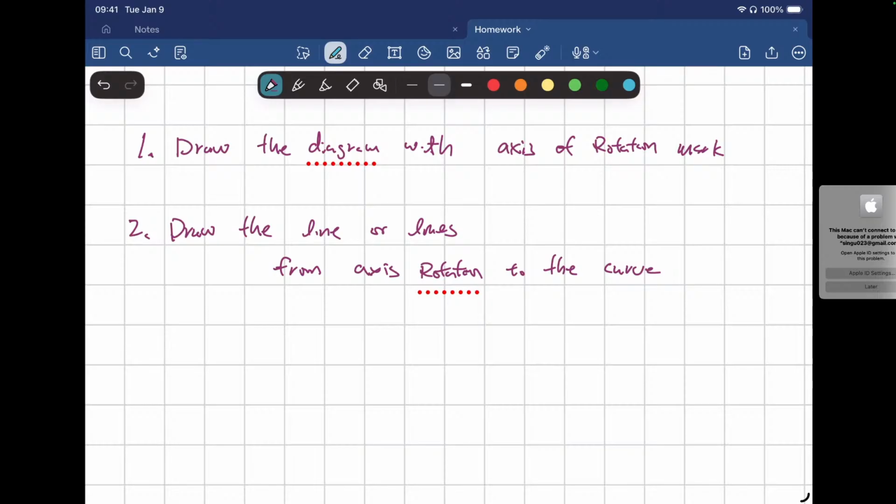If it's one line, then it usually means disk. If it's two lines, it means washer. Okay, if it's one line it means disk and two lines means washer. Is that okay? Am I going too fast?